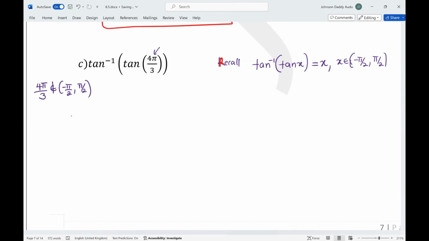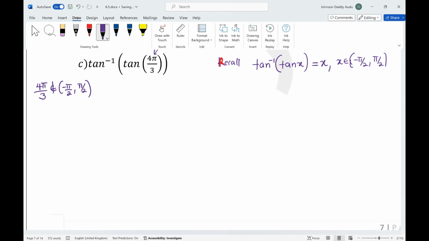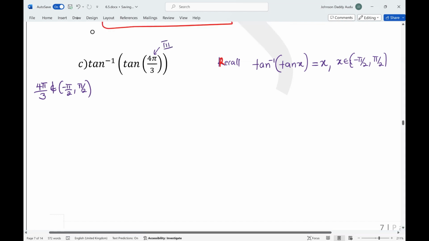So directly, this is also in the third quadrant. So this will become tan inverse of tan, because we're in the third quadrant, of 4 pi over 3 minus pi.